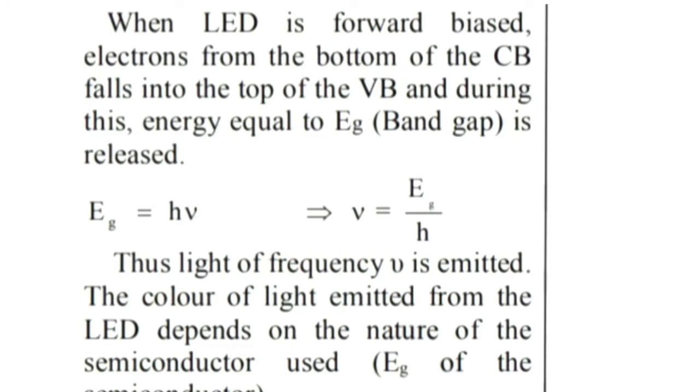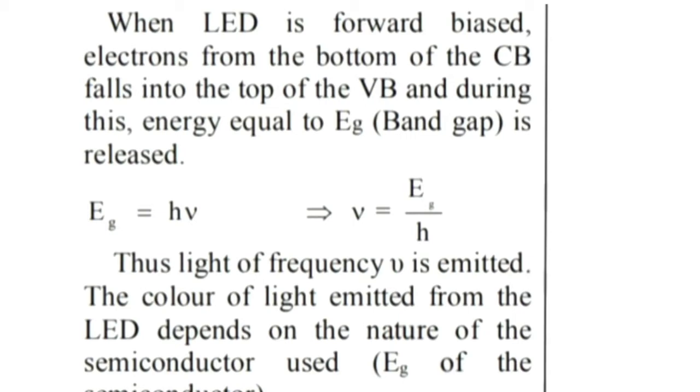When the LED is forward biased, we have already discussed that it emits light. How does it emit light? According to band theory, the electrons from the bottom of the conduction band fall down to the top of the valence band. Actually, free electrons combine with holes to form bound electrons.